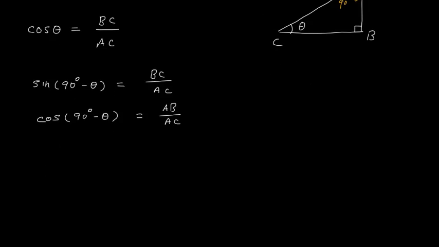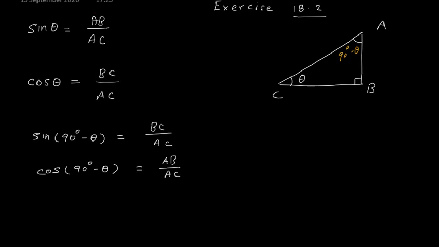If you look at all these four ratios, what you find is that sine theta, which is AB upon AC, is the same as cos 90 minus theta, as it is also AB upon AC. So from this we can say that sine theta is cos 90 degree minus theta.